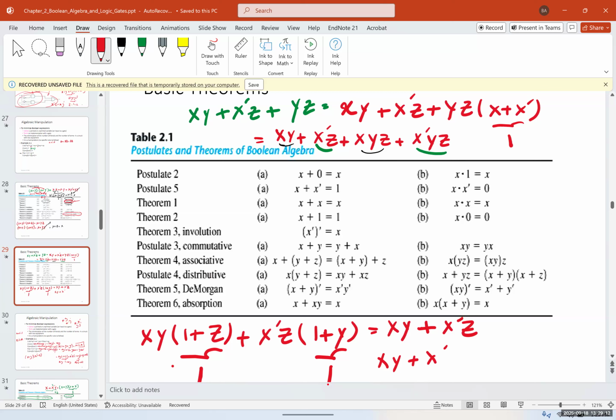Okay, so plus z in parentheses, y plus x or x prime? X prime, yes? Yeah, okay. So what does this part look like?